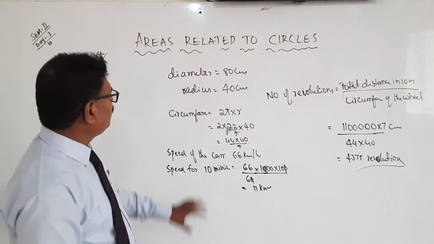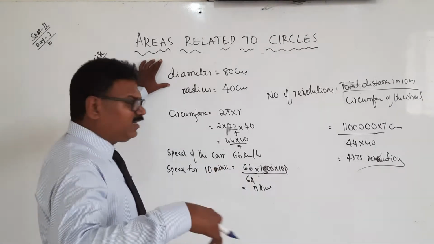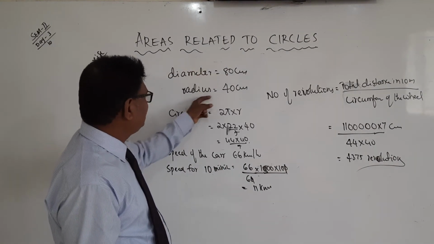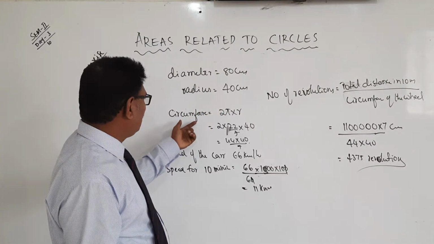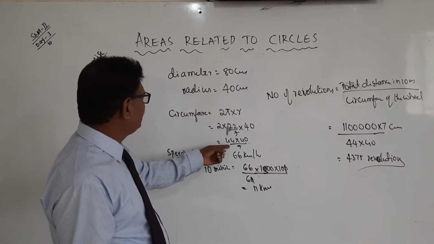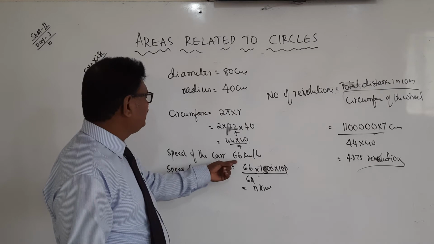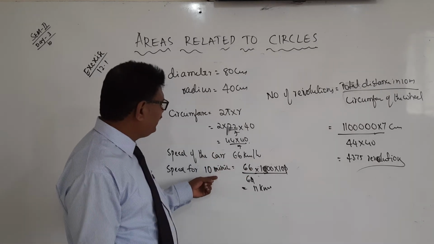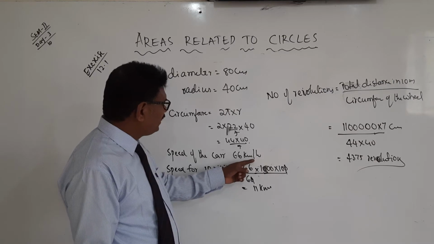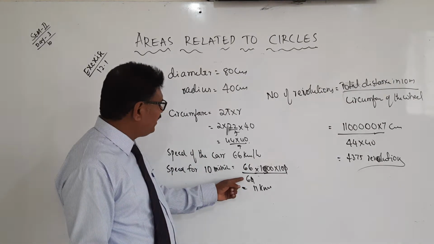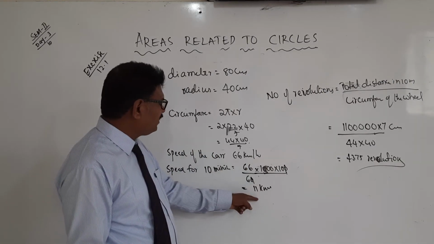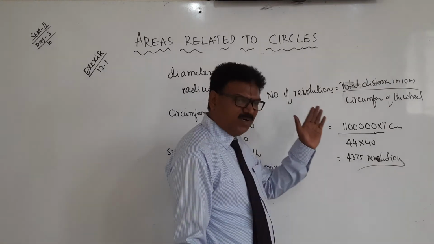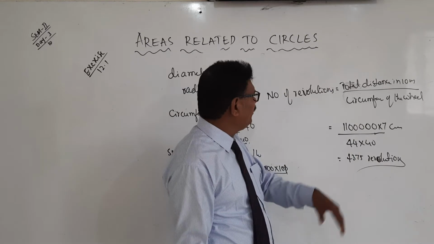Okay? So what he has given, one wheel is there. That wheel's diameter is 80 centimeters, radius will be 40 centimeters. Now circumference is 2 pi r, this much we got. Speed of the car per hour is 66 kilometers. I want only in 10 minutes, therefore 1 hour means 60 minutes, so I divided with 60. So I got 11 kilometers. 11 kilometers I converted to meters and centimeters.